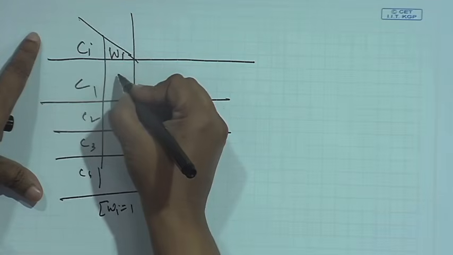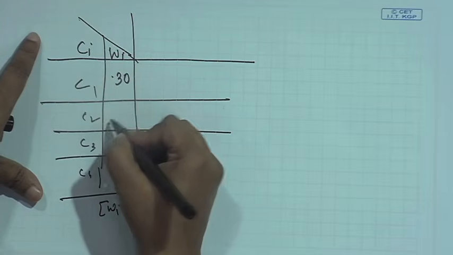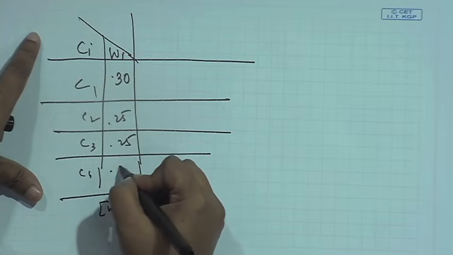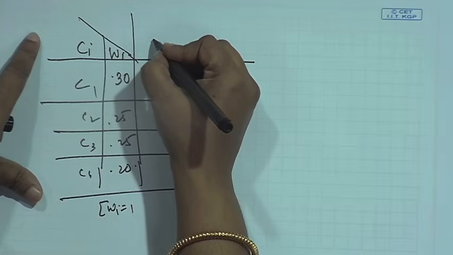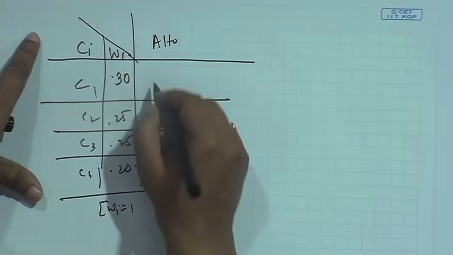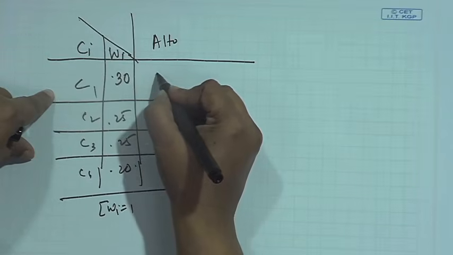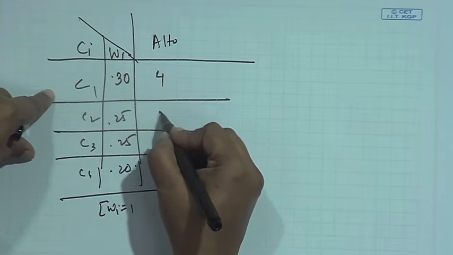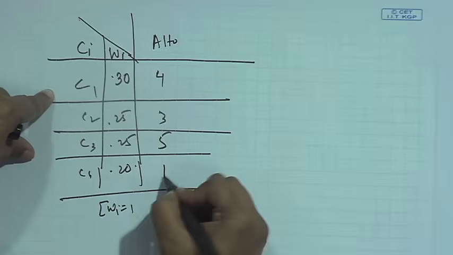So, we are putting here weightages like 0.30, 0.25, 0.25, 0.20. Now, say we are just trying to see Alto, and we are putting here the scores 4, 3, 5, 1.